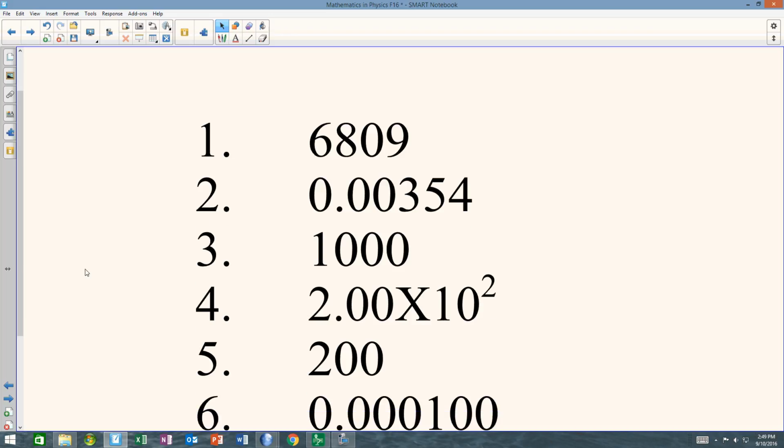Hopefully you chose 4. Now you may be thinking, wait a minute, why is it 4? Well, you have 3 digits that are non-zero. You don't have any final zeros after the decimal place, but you do have a 0 in between the 8 and the 9, which are significant digits. That means that you have 4 significant digits.